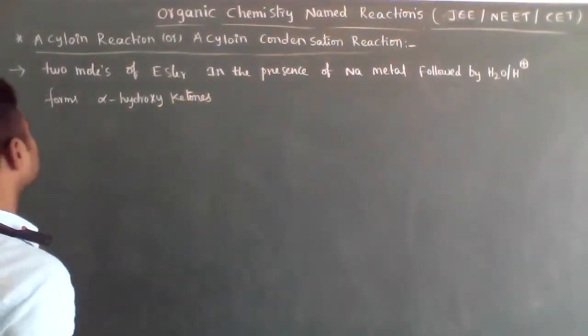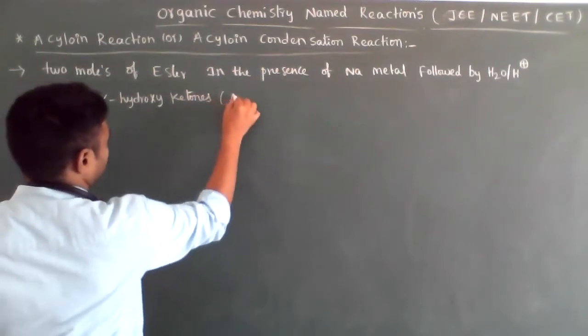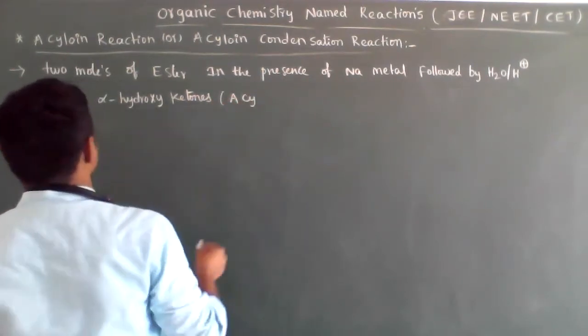These alpha hydroxy ketones are also called acyloins.